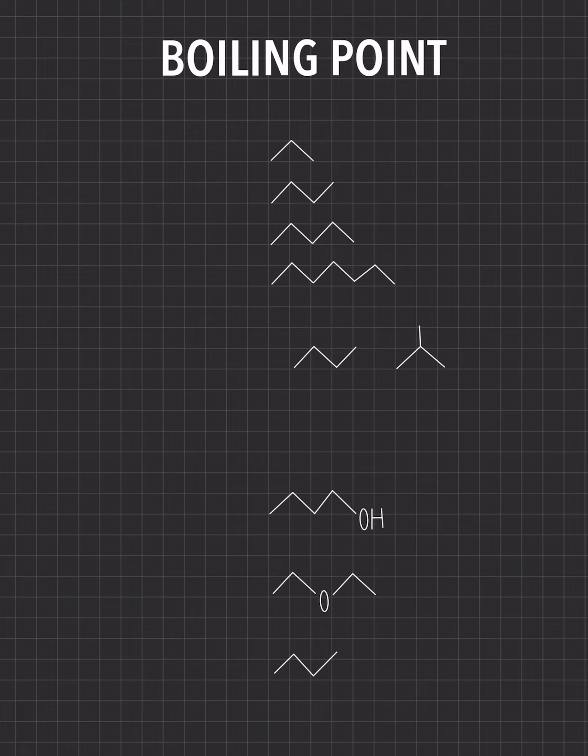So the first thing that you need to know is that the higher the surface area, the higher the boiling point. So don't be one of those students that's just like, oh, this is the longest chain, so this is highest. When you're comparing alkanes, yes. Why? Because if you have a longer chain, you're going to have a higher surface area. If you have a higher surface area, you're going to be able to have more IMFs, or intermolecular forces.